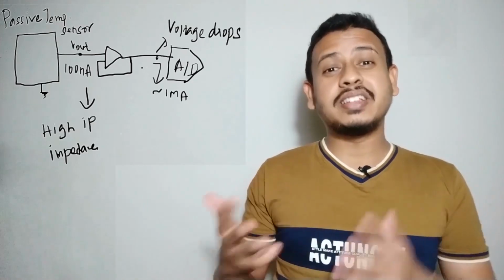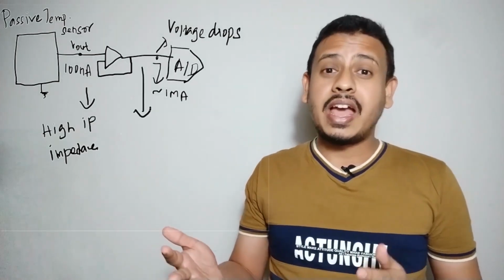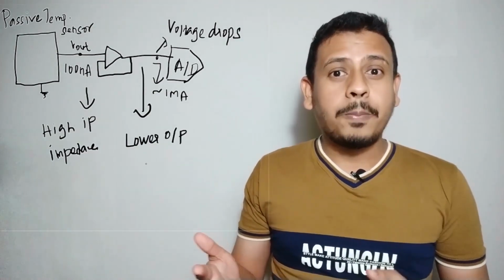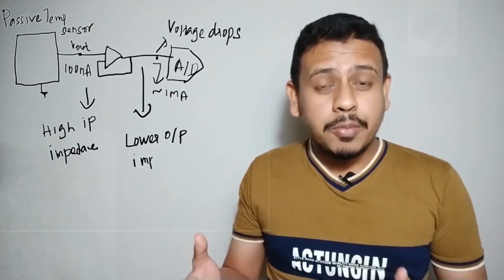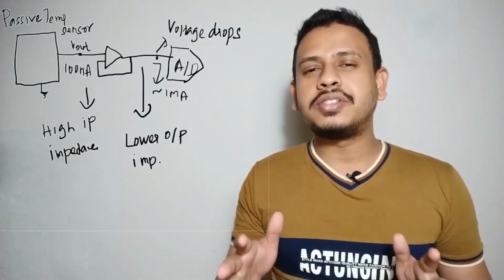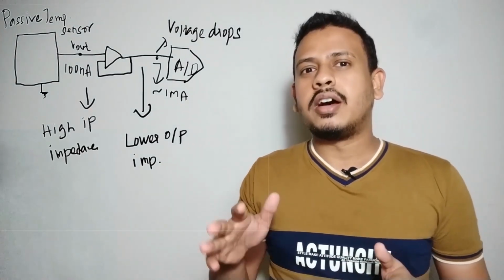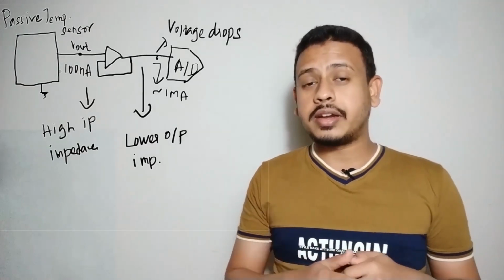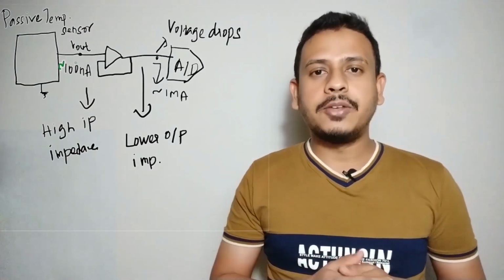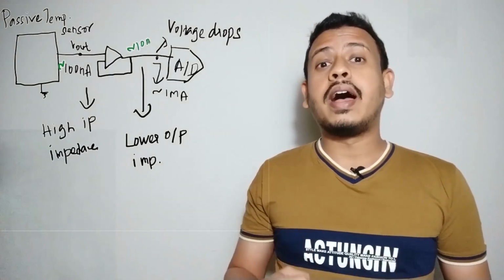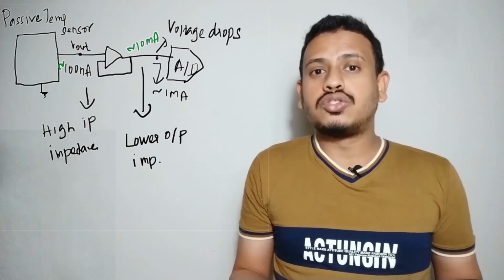Now on the other side of the op-amp, it has a very low output impedance, which means the op-amp will be able to drive a higher current load. As we have already seen, this passive thermal sensor can only source up to a few hundred nanoamperes of current. But when you connect it to a unity gain amplifier, the output of the amplifier would be able to provide a higher current, in the order of tens of milliamperes.